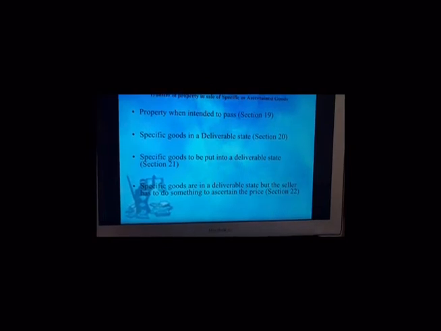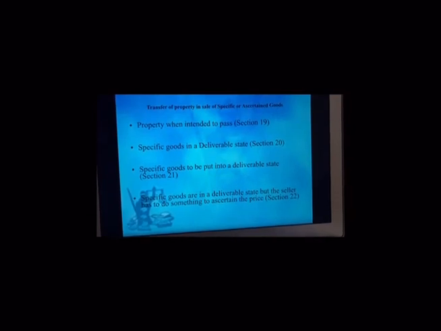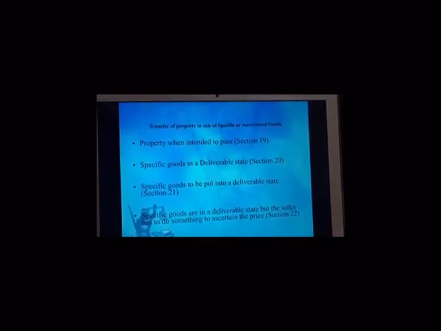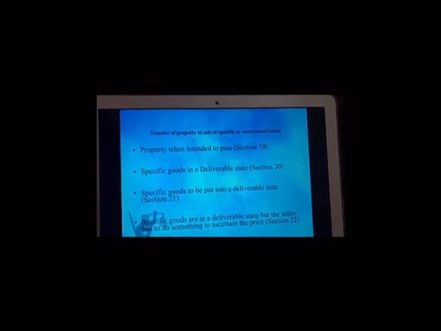The transfer of property in sale of specific or uncertain goods. First being property when intended to pass. Section 19. Where a contract of sale of certain or specific goods exists, a specific time is fixed, as per the convenience or consensus of both the parties, at which the property is intended to be transferred from the seller to the buyer.